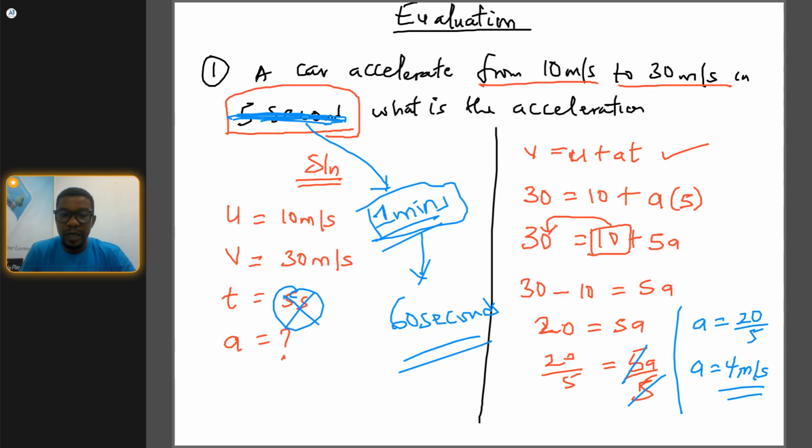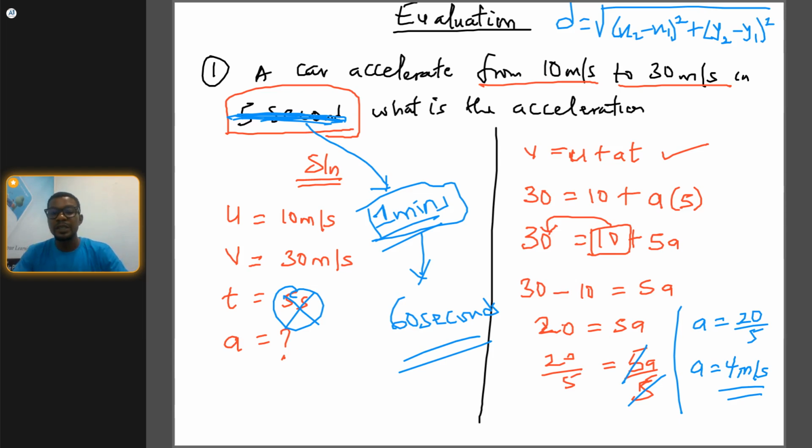We said the formula is given as d equals the square root of (x2 minus x1) squared plus (y2 minus y1) squared. And we went ahead to solve questions that have to do with motion.